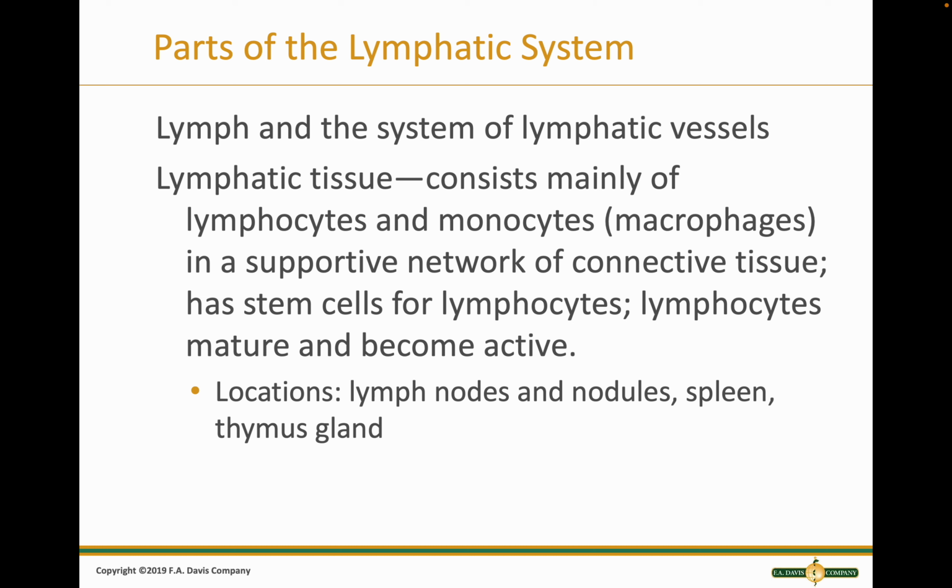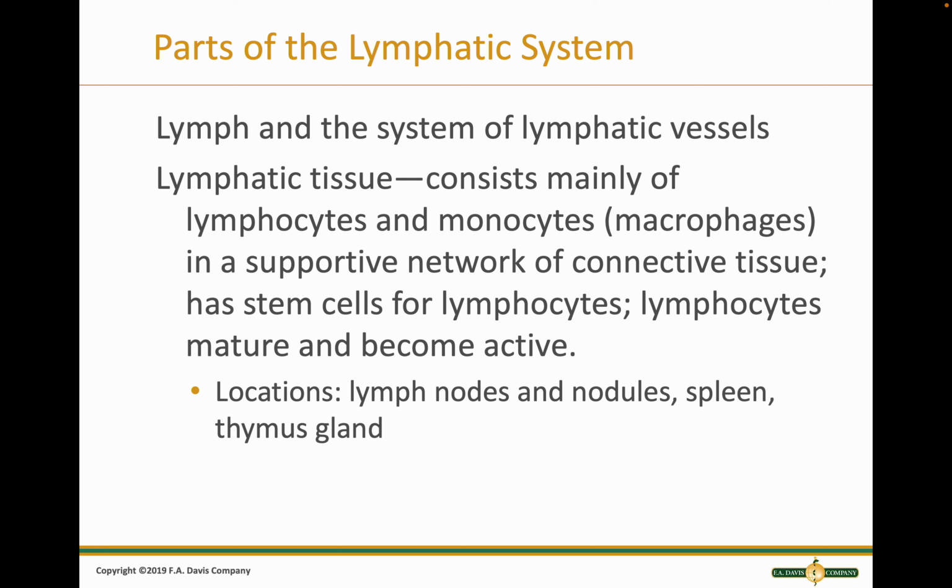They work in a supportive network of connective tissue. There are stem cells for lymphocytes, again those T cells and B cells, and then lymphocytes can mature and become more active.